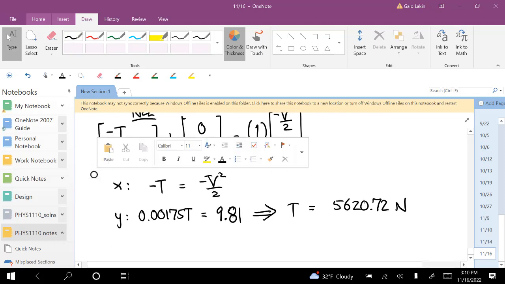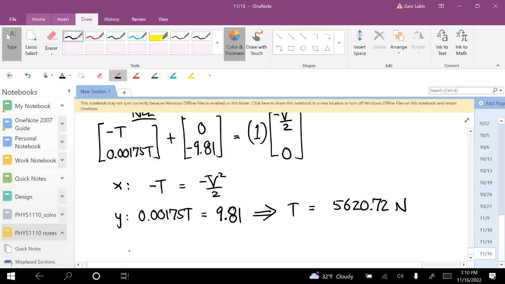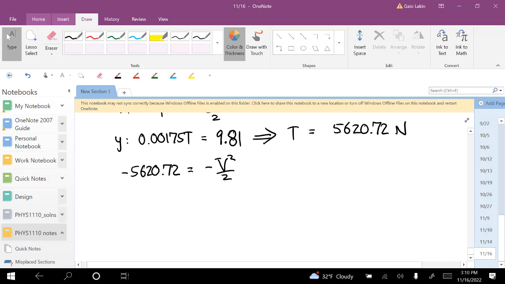Now plug that into the x equation, and you get negative 5620.72 is equal to negative v squared over 2, and so v is plus or minus 106.03 meters per second. We want the positive one.